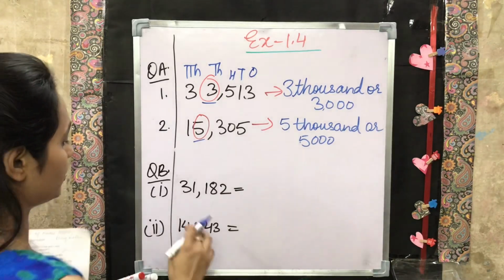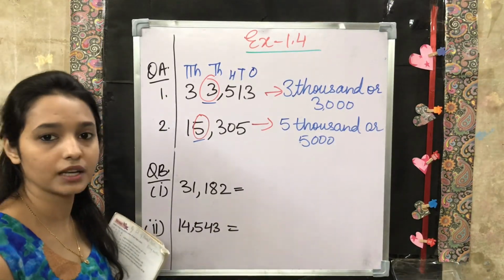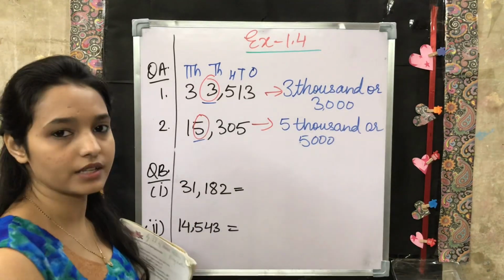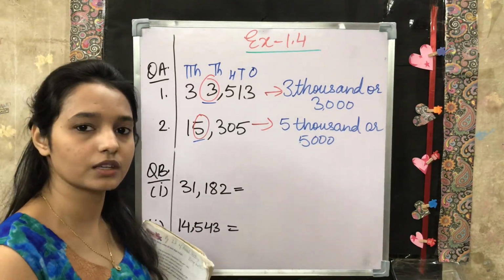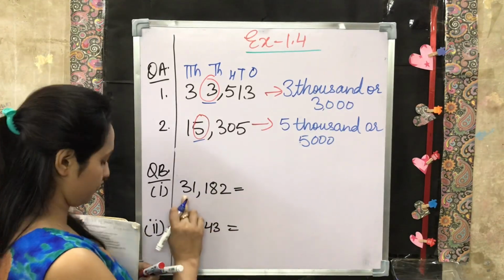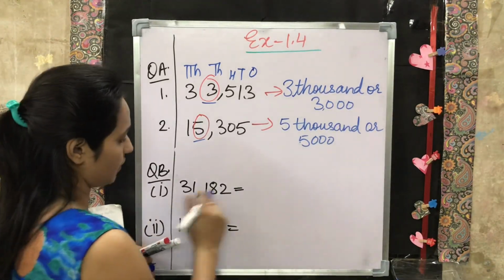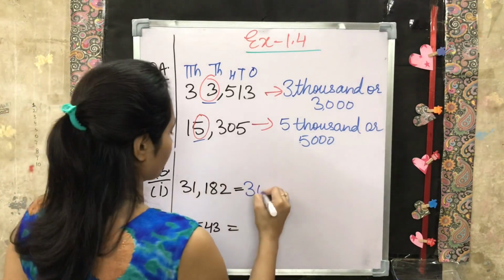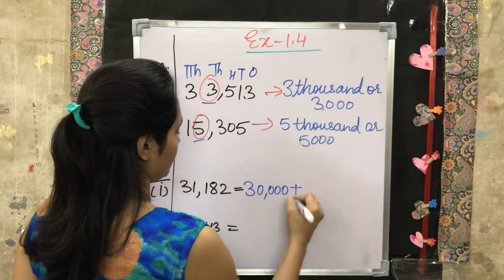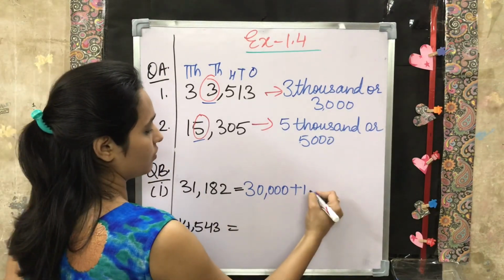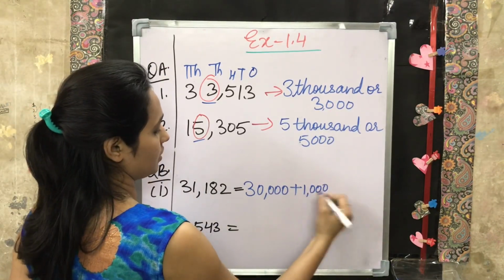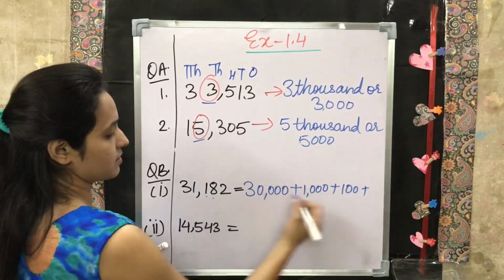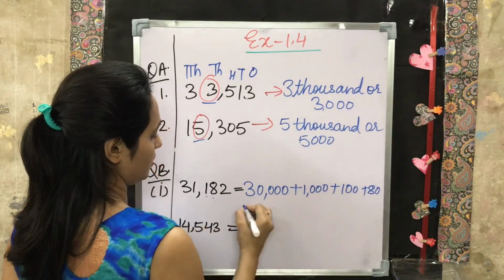Now for the first one, I have told you before that for the expanded form you have to write every digit, every single place value with its zeros. So this is 3, and all the digits after it are 0. So this is 30,000, plus 1000, plus 100, plus 8 means 80, plus 2.